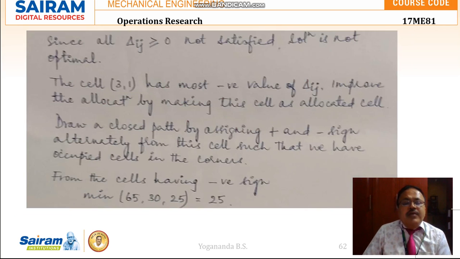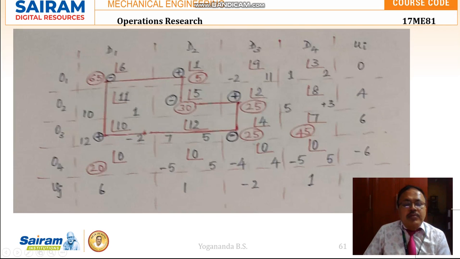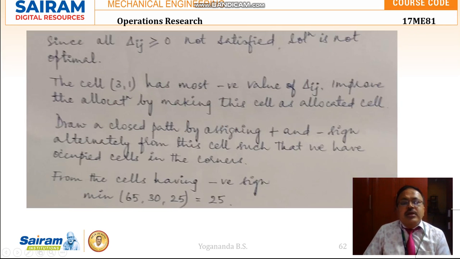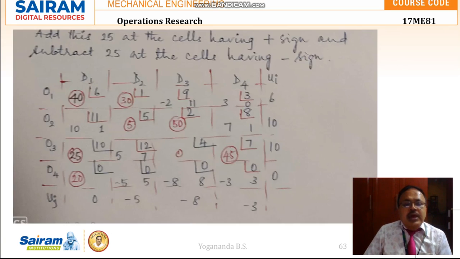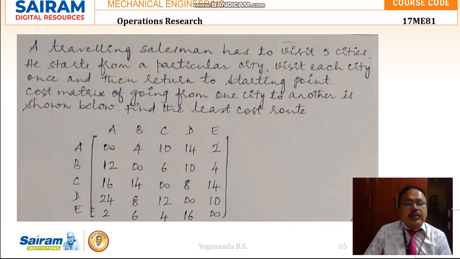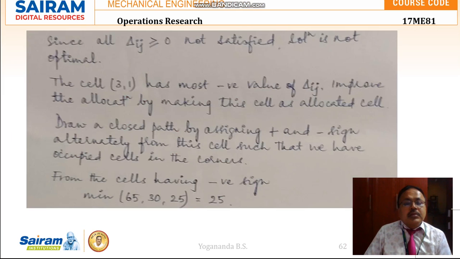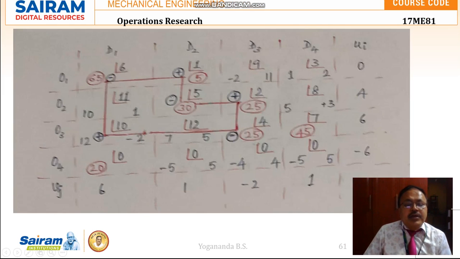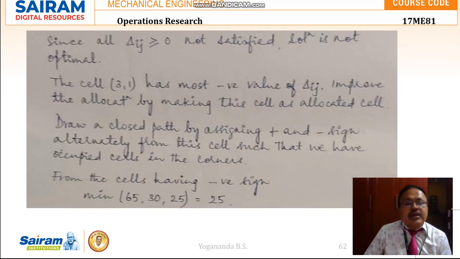Now if all the delta values written in the bottom right corner are positive, we have the optimal allocation. Otherwise the condition is not satisfied. The solution is not optimal because one of these delta values is minus 2, which is negative, so we have to proceed further.